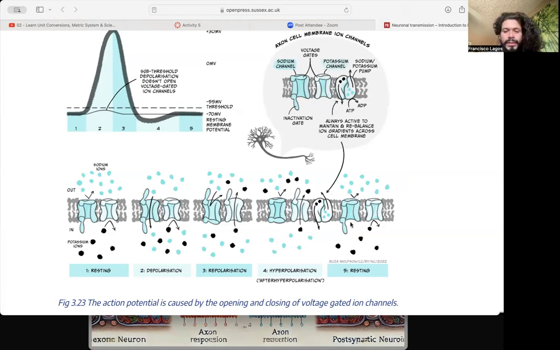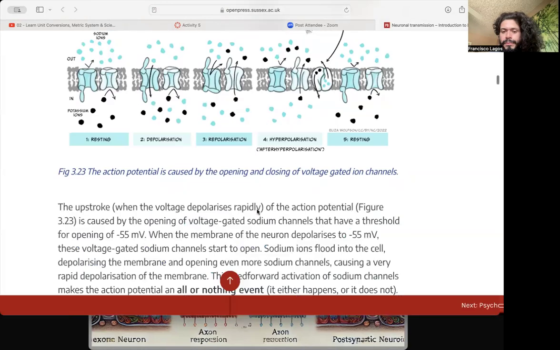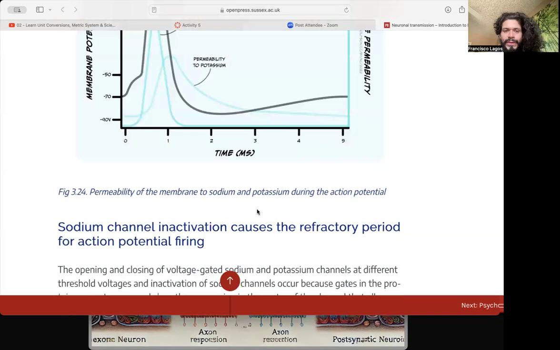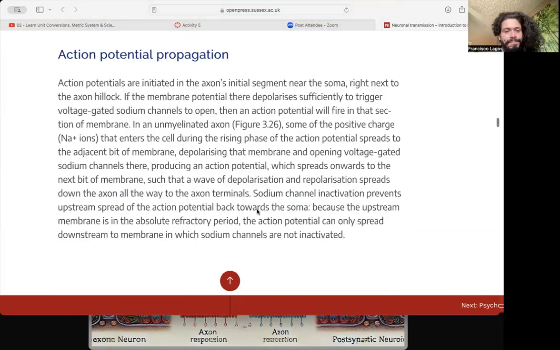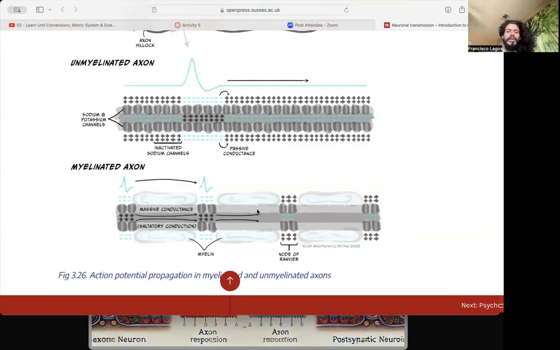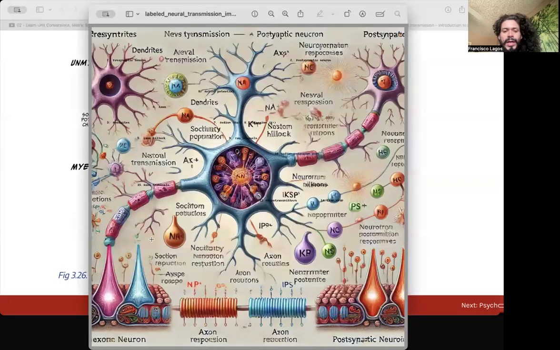Alrighty. I believe that's essentially it. Essentially, what you need to know is that neurotransmission is the way neurons communicate. There's a lot of information here regarding the dendrites and sending information through the axon terminals.